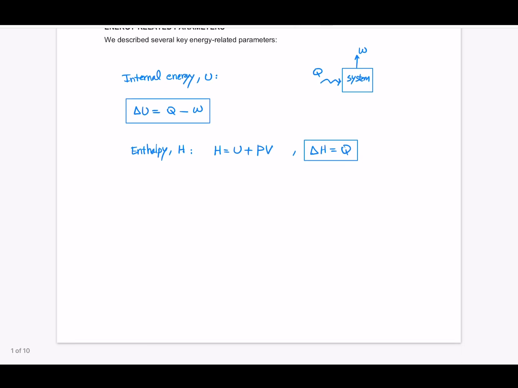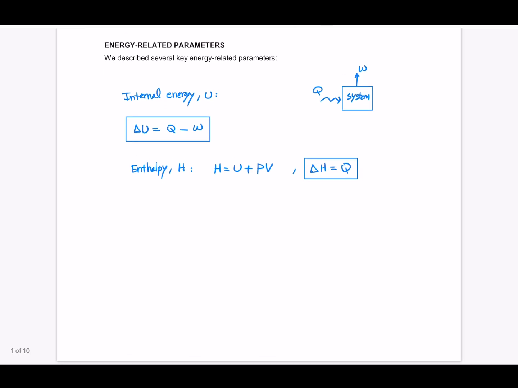And then we also introduced the concept of entropy, or S. We mentioned that any change results in a change of entropy of the total, or the universe, which is a combination of the change in the entropy of the system plus the entropy change of the surroundings.